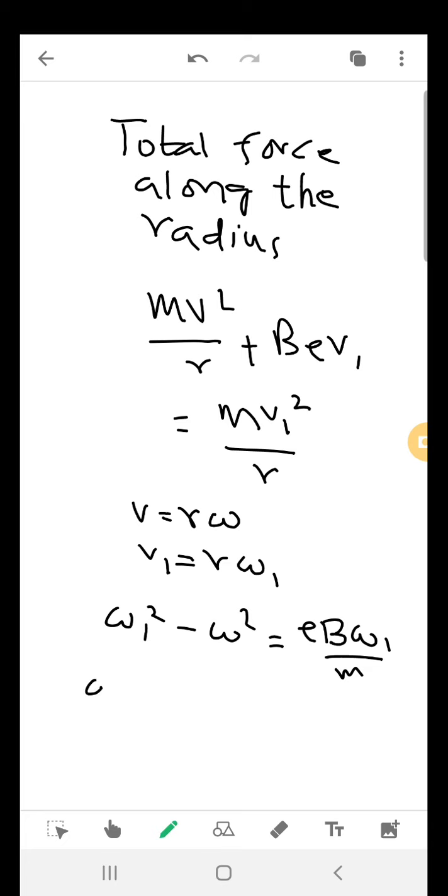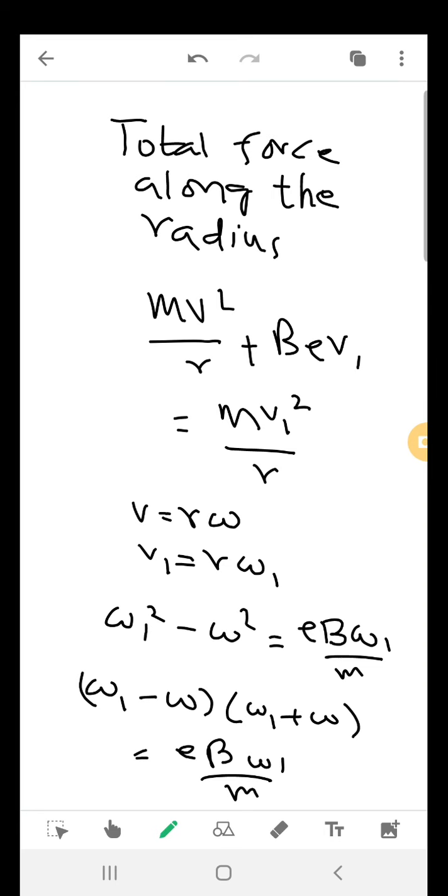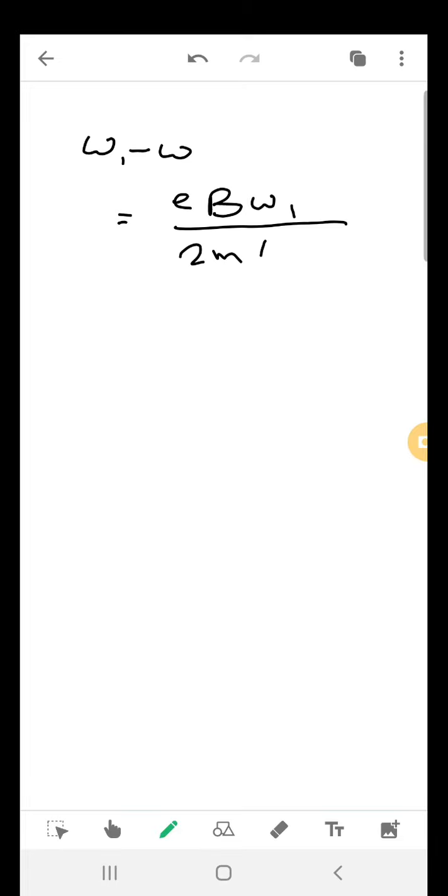So we can write omega 1 minus omega into omega 1 plus omega, equal to Be omega 1 by m. So omega 1 minus omega is equal to Be omega 1 divided by 2m into omega 1 plus omega.